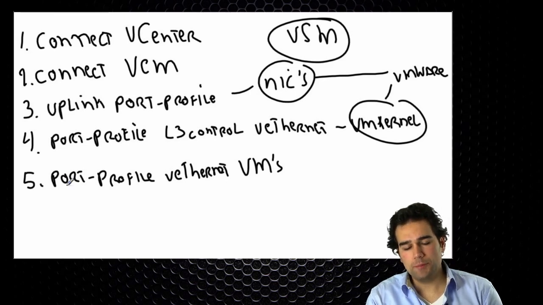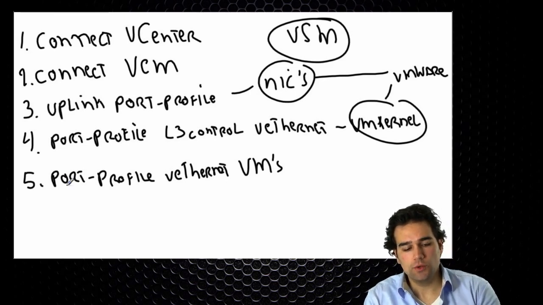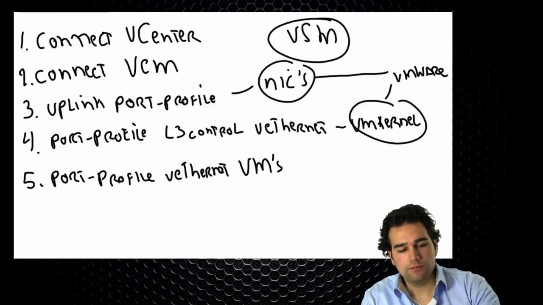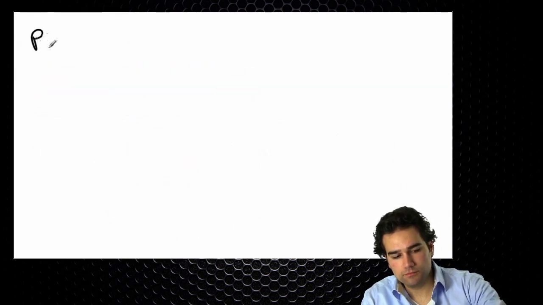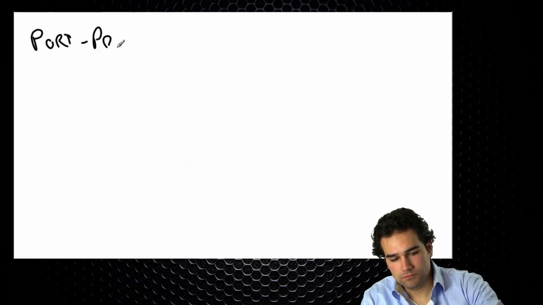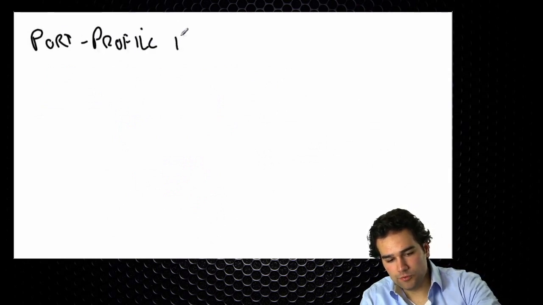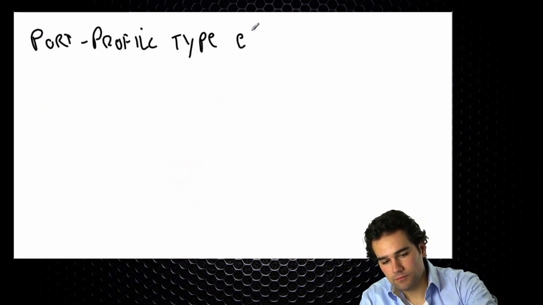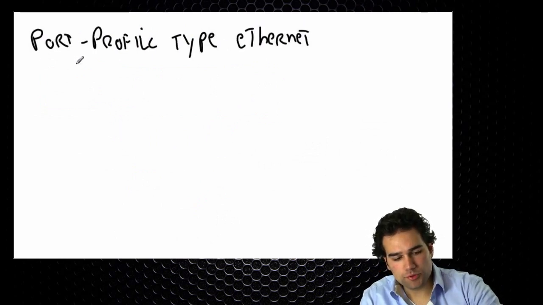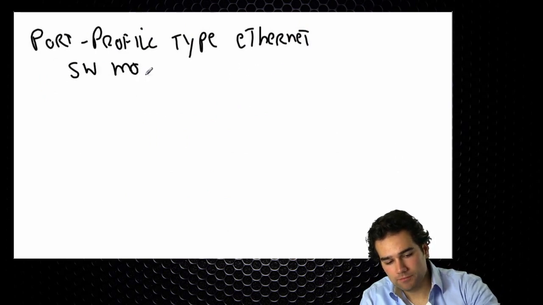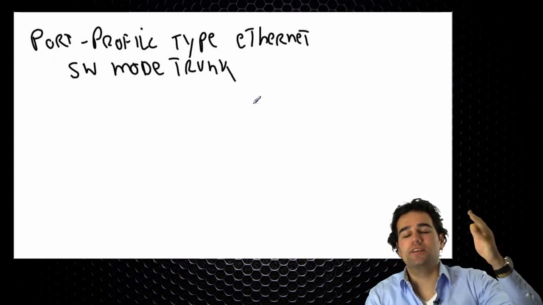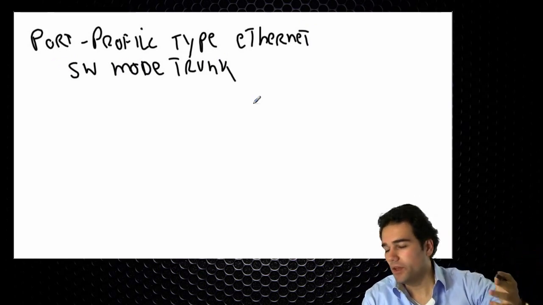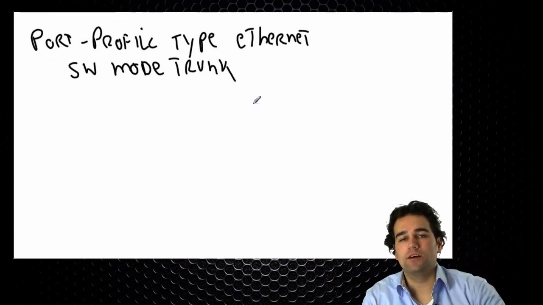There's one more option that we need to discuss. So how do I configure a port profile? Let's configure one. Port profile type Ethernet. On that port profile I say switchport mode trunk, because I probably want to trunk multiple VLANs to the outside world, right? I do not want to stay on one VLAN on my ESX server.